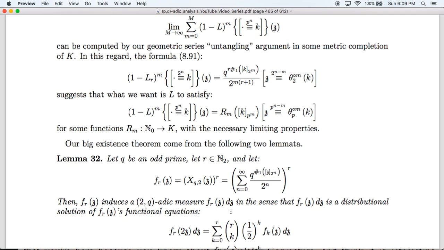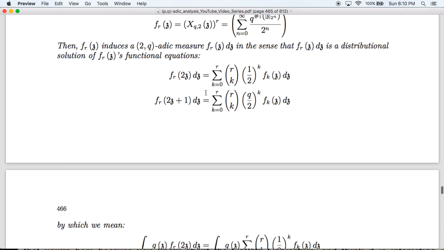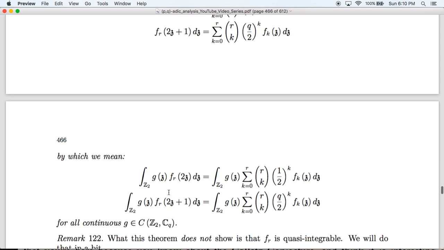So now our big existence theorem is going to come in quite a few parts, some of which are rather involved. Let Q be an odd prime, and again FR is just this F series. Then FR induces a 2Q adic measure, denoted FR dz, in the sense that FR dz is a distributional solution of FR's functional equations, by which I mean that these integral formulas hold true for all continuous g.